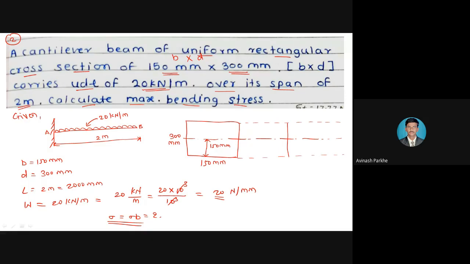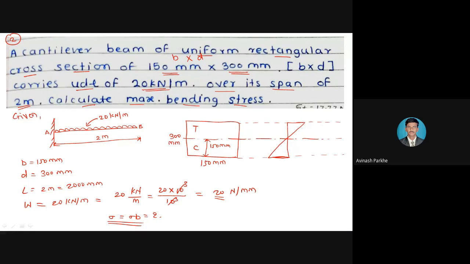But here once again a cantilever beam is there, so the upper portion is tension and the lower portion is compression. Therefore, sigma T is represented at the right side and sigma C at the left side of the vertical line, and I will draw one inclined line.